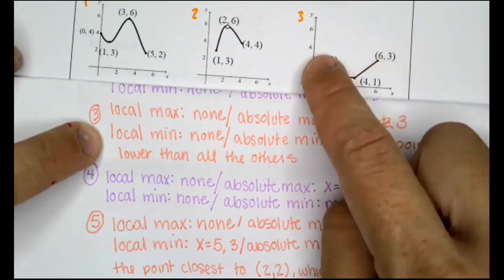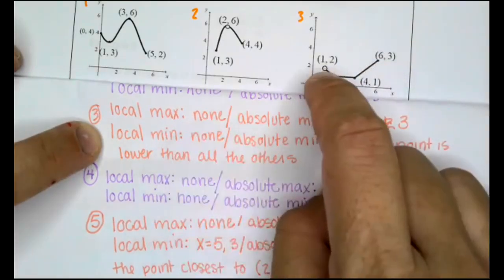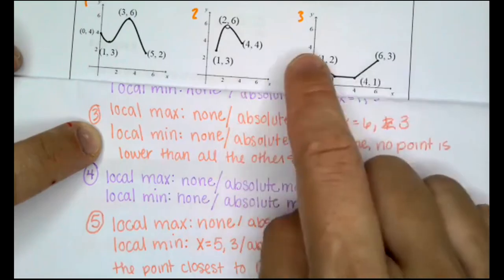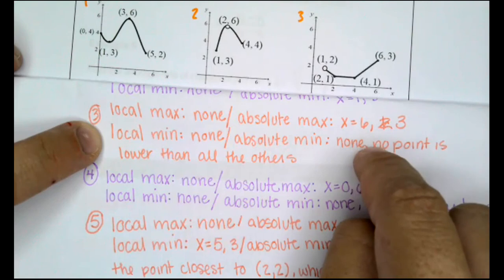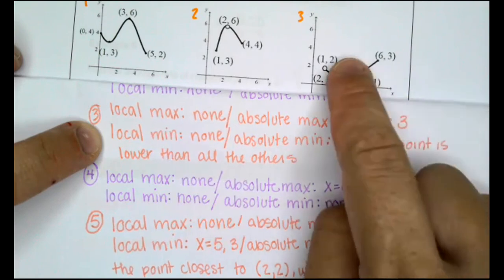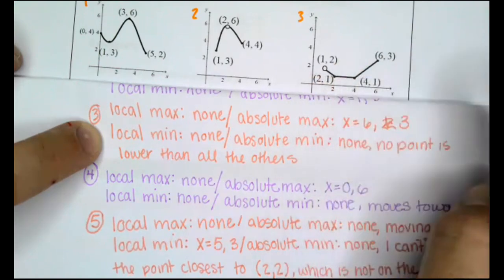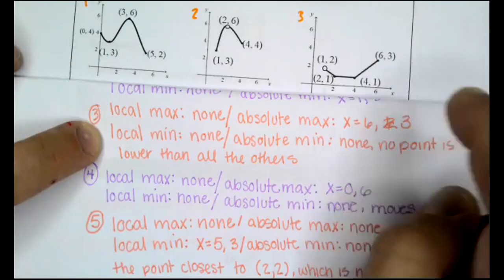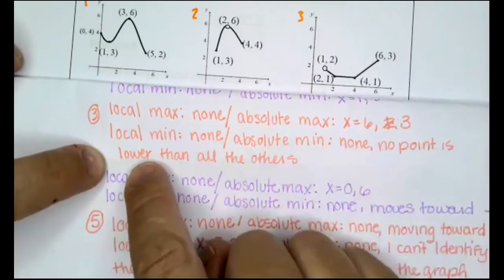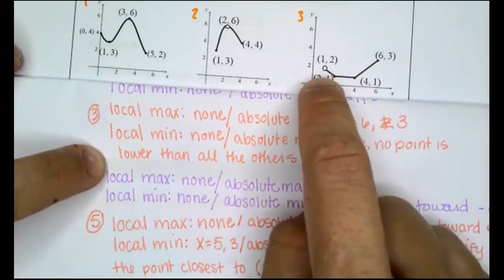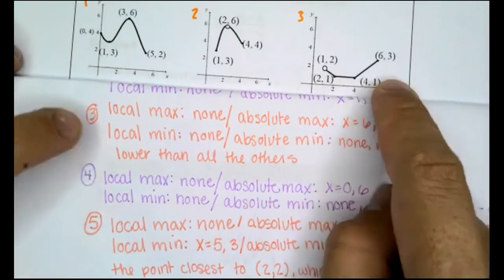There are no valleys, so we have no local min. There's no local minimum. The absolute minimum, there is none because no point is lower than the others around it, and no point is lower than others in the graph. All of these stay at the same height.